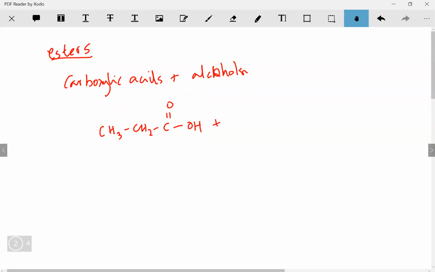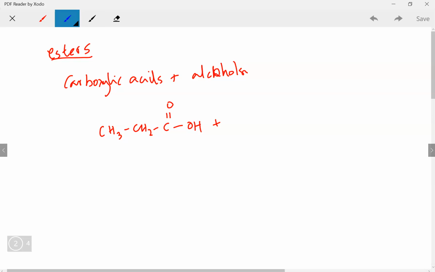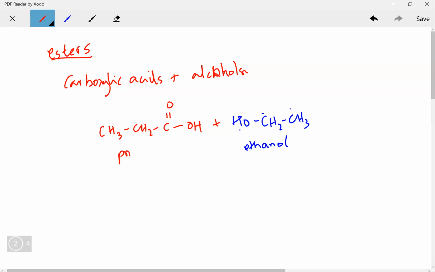Plus, I will put the alcohol in a different color, OH, CH2, CH3, which would give me ethanol. So eth and ol, because there's two carbons plus an alcohol, is ethanol. Here I have 1, 2, 3 carbons, so it's prop and oic acid.